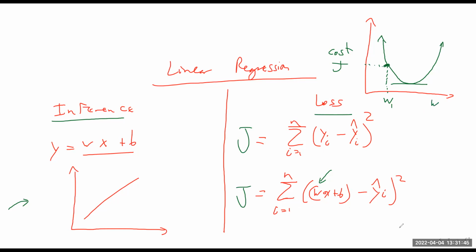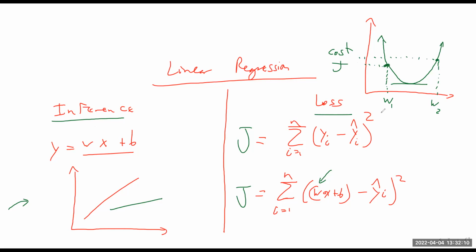That W represents how this line looks, because it's the slope of the line. And so if I pick W2, what happened to the cost? It went up. You're trying to minimize that.